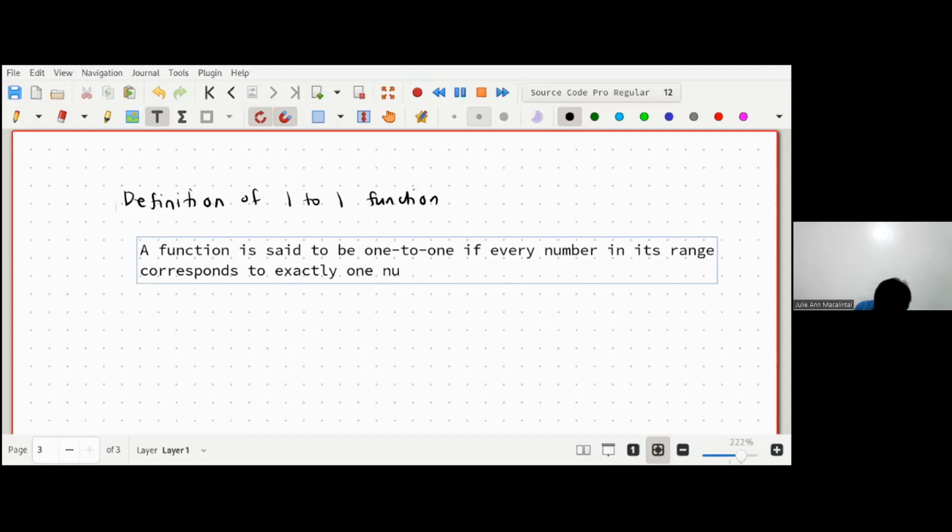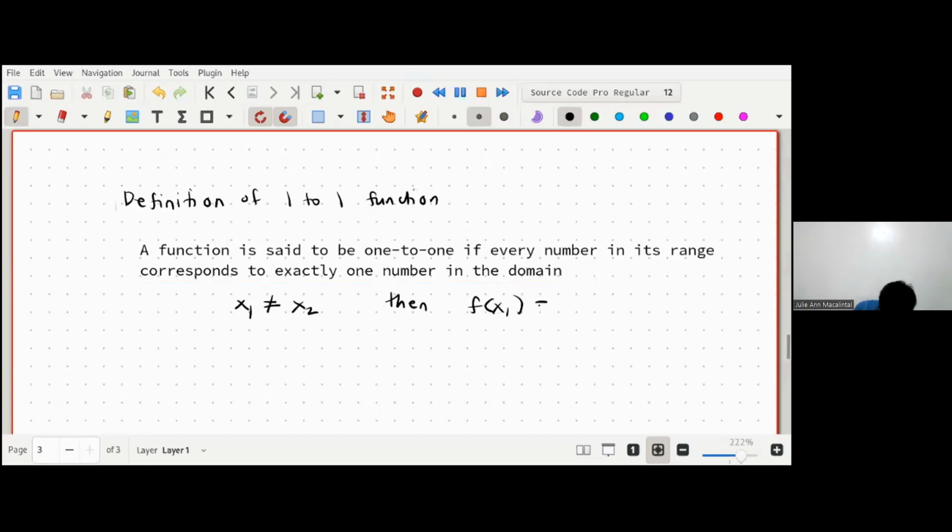Exactly one number in the domain. So, yeah. Ang ano niyan, yung equation form, the function f is going to be 1 to 1 if x1 is not equal to x2, then yung function values niya hindi dapat maging identical.